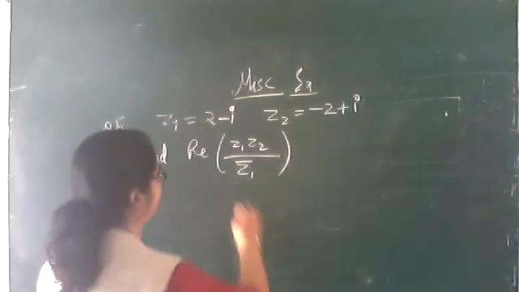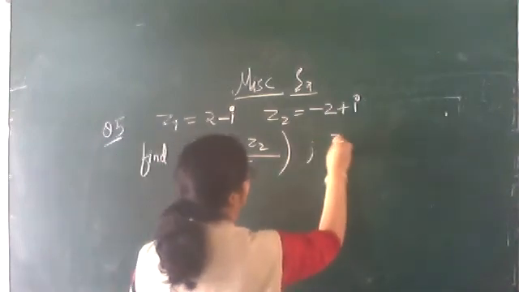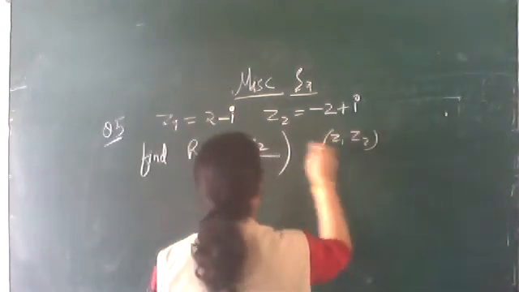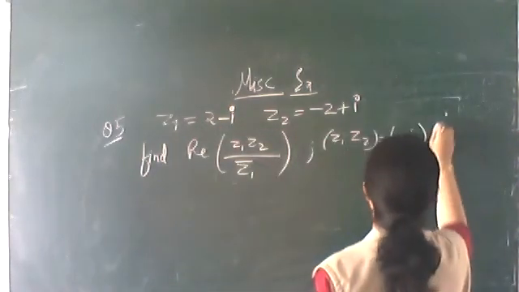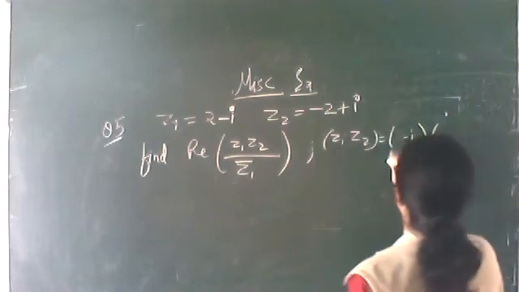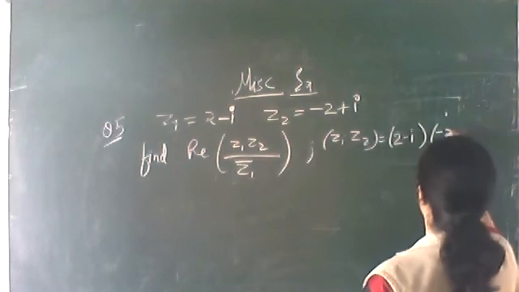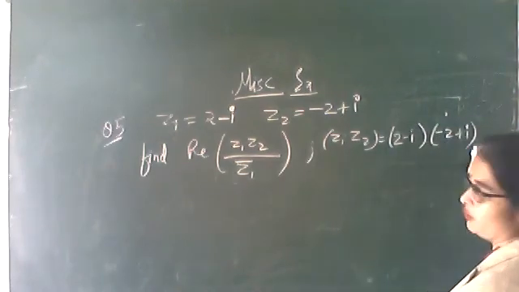So first we have to find what? Z1 Z2 and Z1 conjugate. So separately we will find Z1 into Z2. Put the values. It is equal to 2 minus iota into minus 2 plus iota.